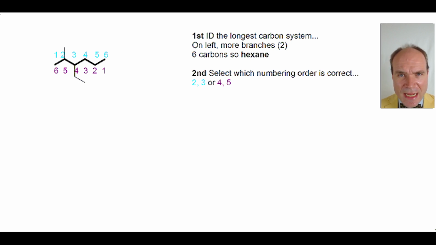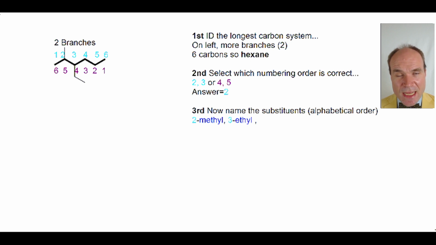Well, we now need to think about giving the lowest possible number to a branch. If we number from left to right, the lowest number is going to be 2. If we number from right to left, the lowest number now is going to be 4. 2 is lower than 4, so the correct numbering sequence goes from left to right.